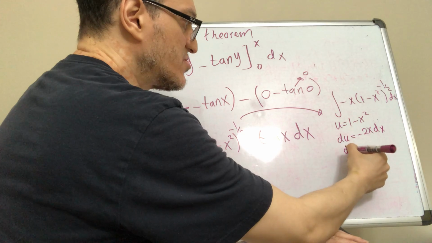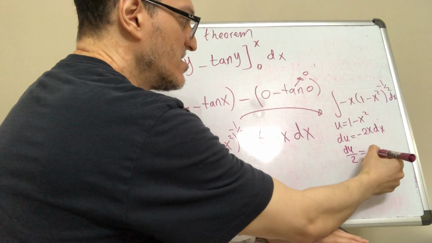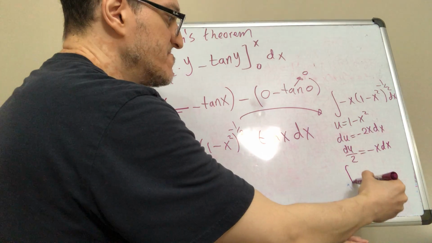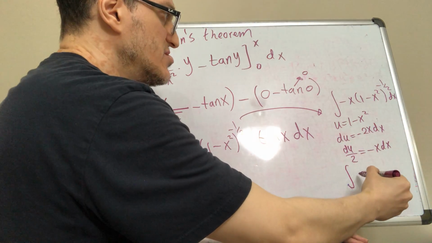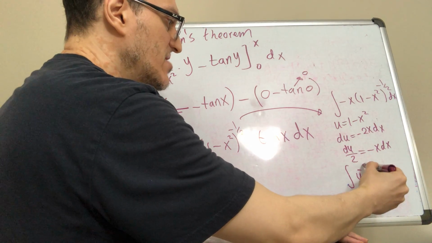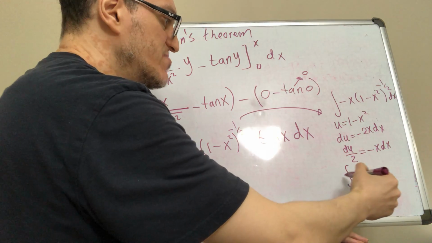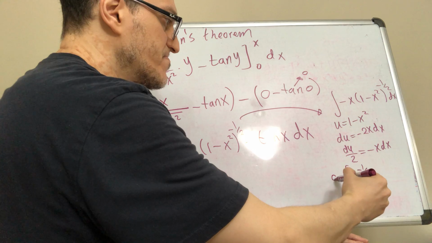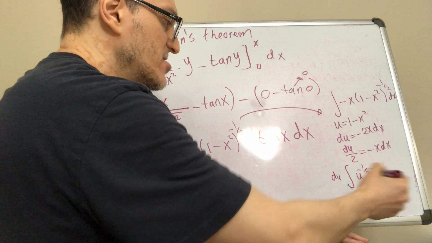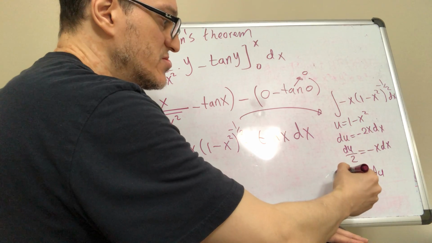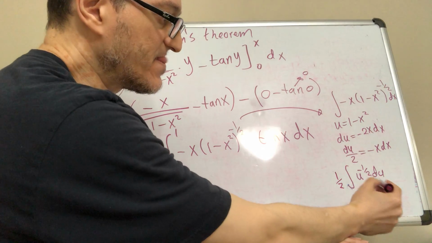Get rid of the 2, minus x dx. So the inside is u, so u to the minus half. Negative x dx would be du over 2, which is half.